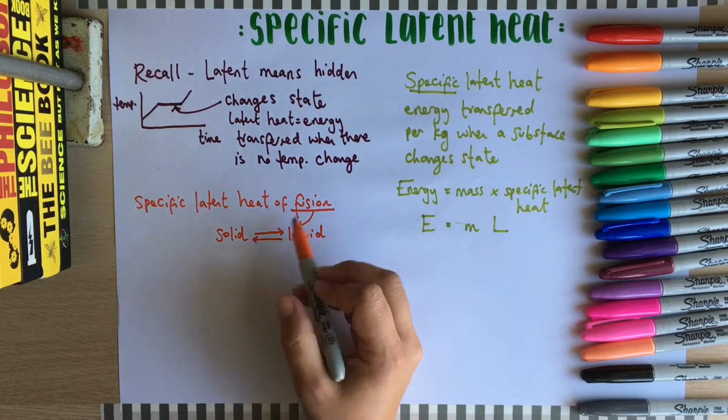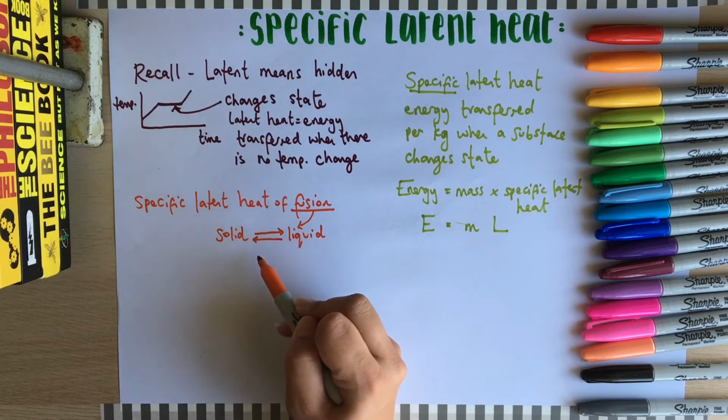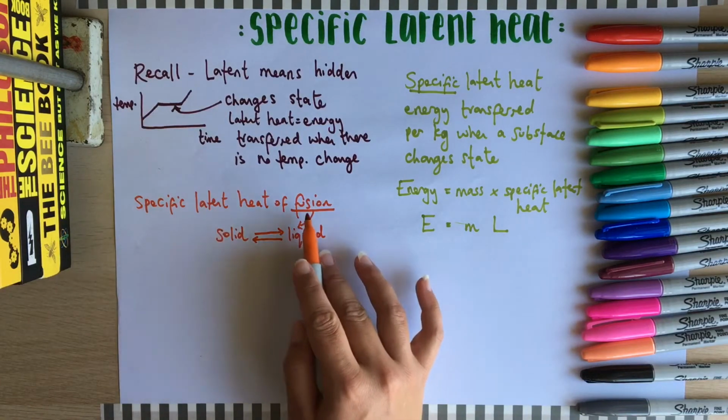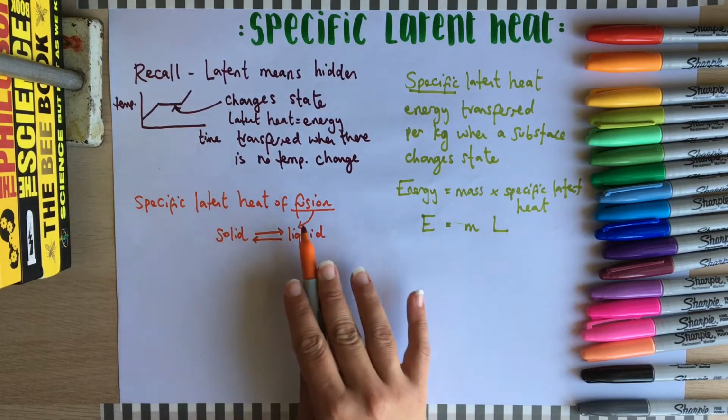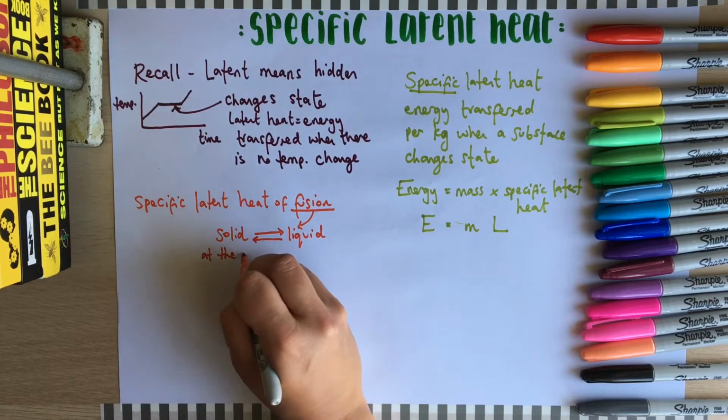Both of those things, it's that change of state that would be happening. So this is the energy that would be transferred per kilogram of a substance when it goes from a solid to a liquid, and this happens at the melting point.